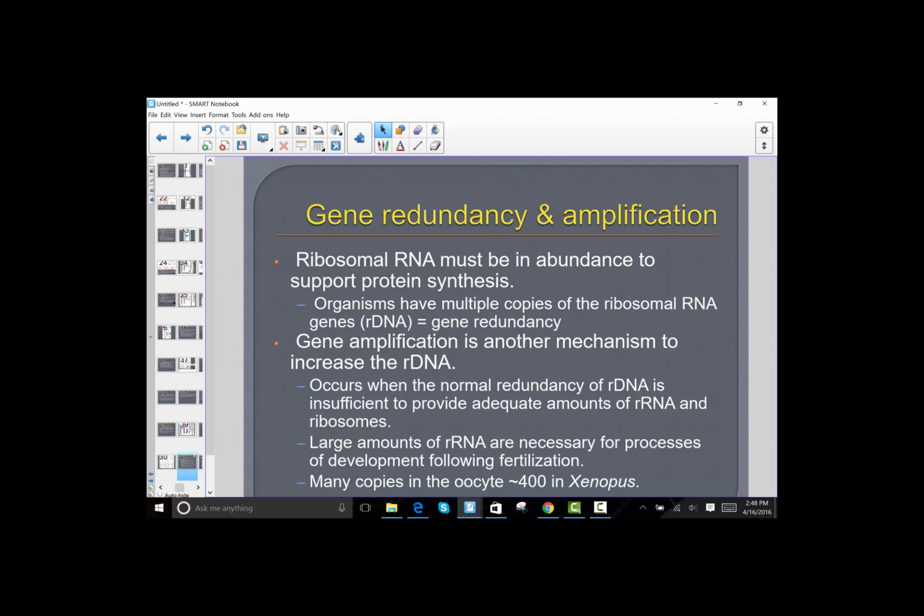So you'll notice that some of the oocytes of Xenopus, which is one of our standard organisms that we use to look at development, so this would be a model organism for development, have about 400 copies of some of these genes in the cell because they need that many copies in order to make sure that there are enough transcripts out there to help with development, because you need a lot of copies of those things when you're trying to divide as many times as they have to.